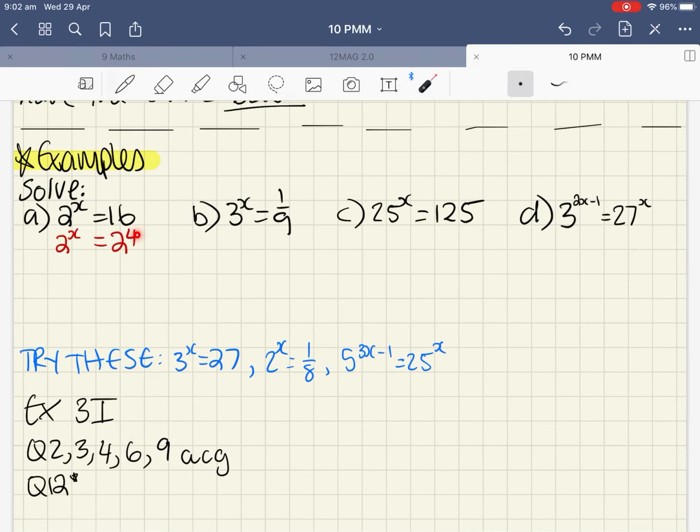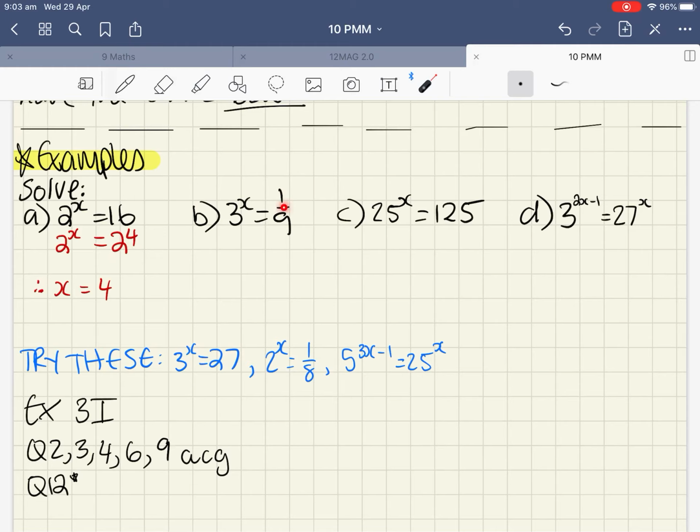Now, here's the cool thing. If 2 to the power of x equals 2 to the power of 4, that means x has to be 4. Therefore, x equals 4. That's the only way that equation can hold true.